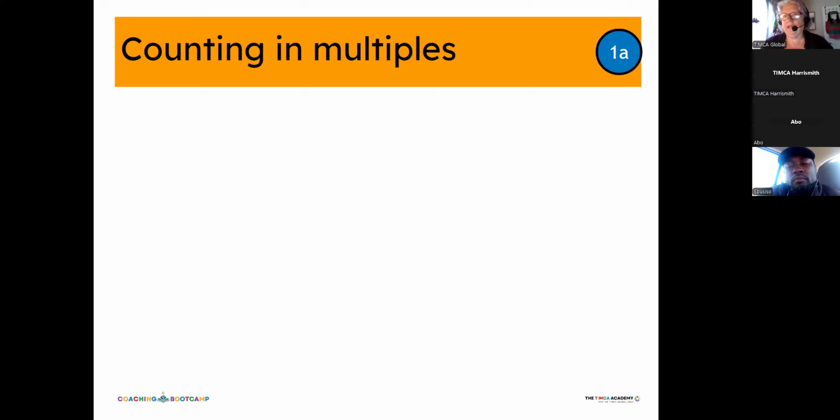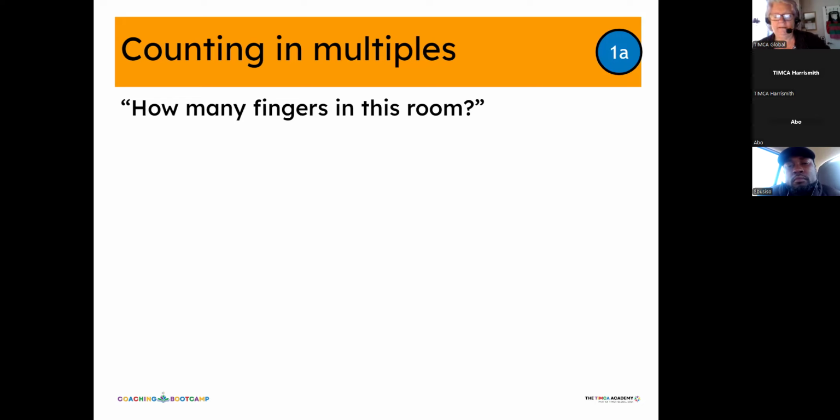For example, if we were in a group or in a club, we could do a very simple thing and say, how many fingers in this room? We would ask one child to put up a hand like that, and we'd ask the children, how many fingers? And we'd get different answers coming back, like 1, 2, 3, 4, 5, or some of the children saying it's 5.